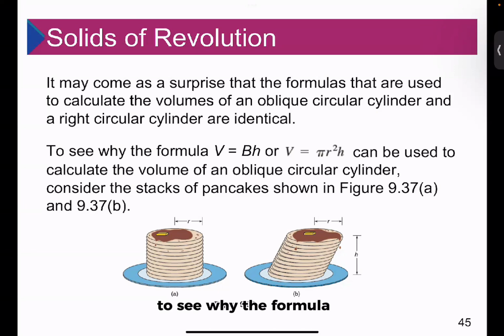To see why the formula V equal to base times height, or V equal to pi r squared h, can be used to calculate the volume of an oblique circular cylinder, consider the stacks of pancakes as shown in figures 9.37a and 9.37b. It just looks like the pancakes are pushed on one end, and that would make it an oblique circular cylinder.